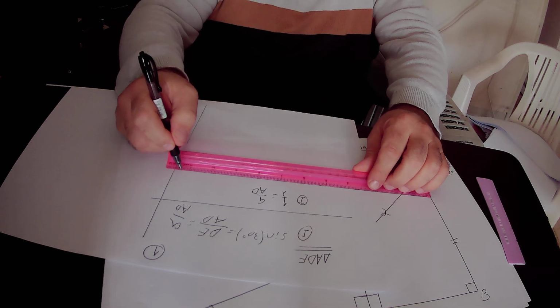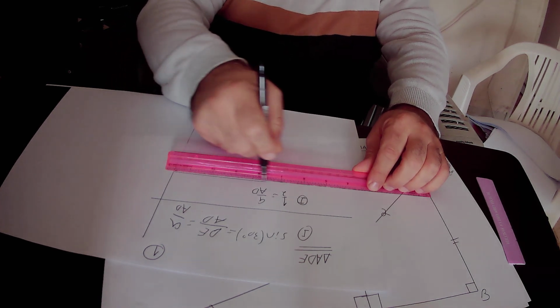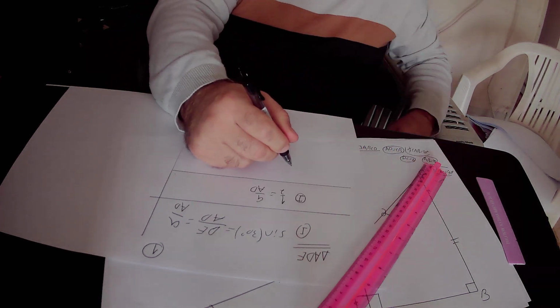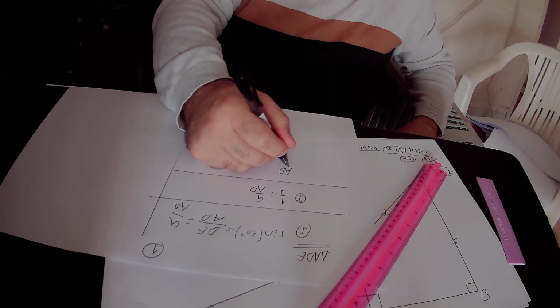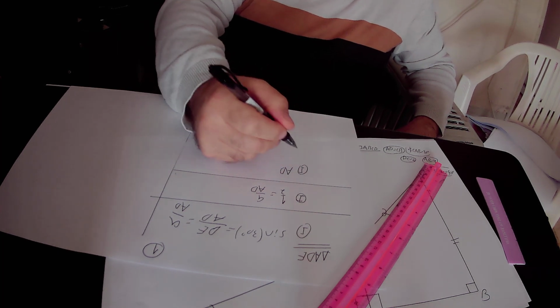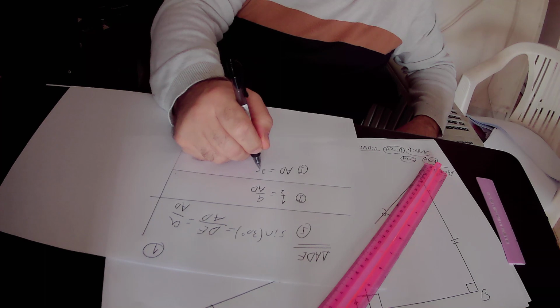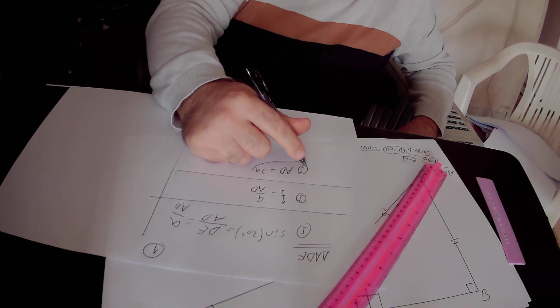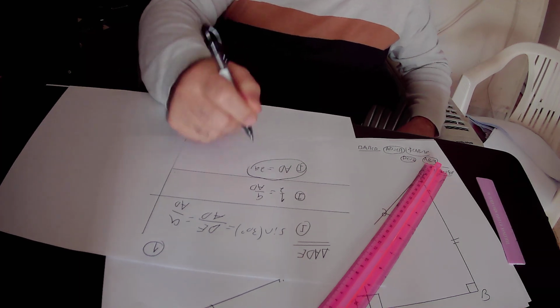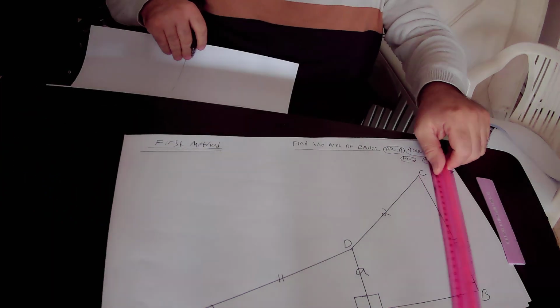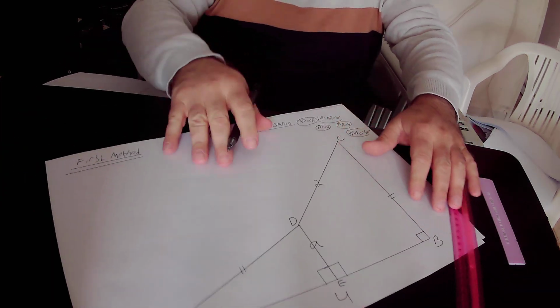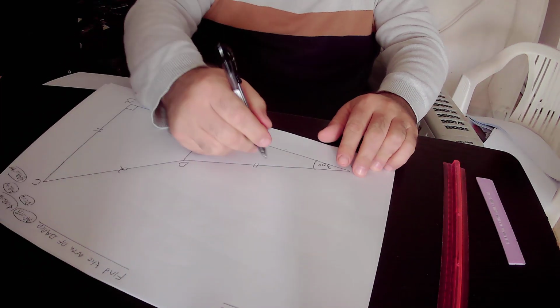So here we will cross multiply equation number 1, and we will get that AD equals 2A. So we can write here that AD equals 2A.